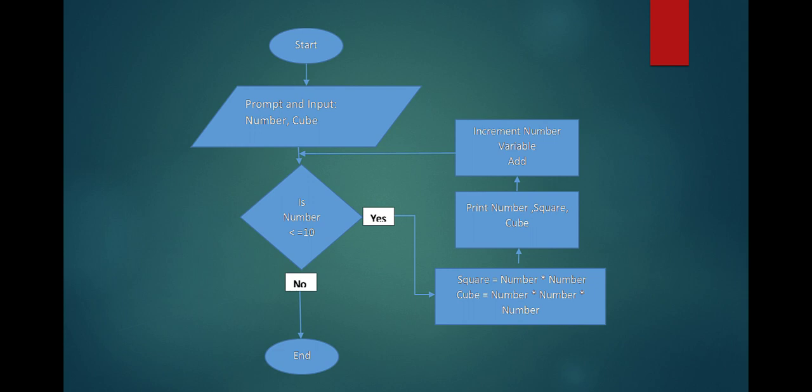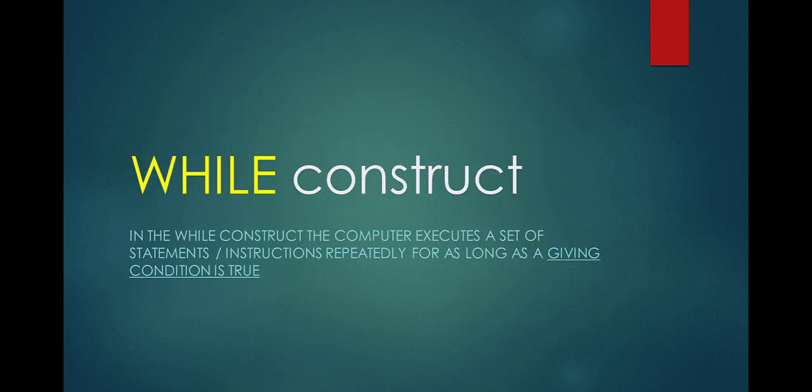And then what it does within the program is it increments number by 1. So at that point, number is equal to 2, and it does that check again. And if it's less than or equal to 10, then it runs through that cycle, through that loop, until the value number is equal to 10. Then it exits the loop, and then it ends.